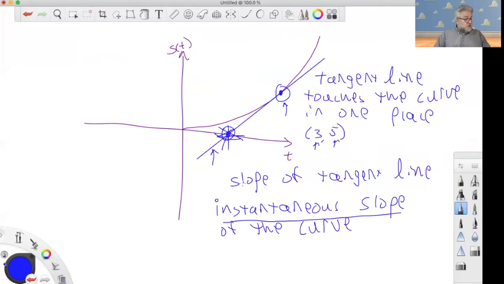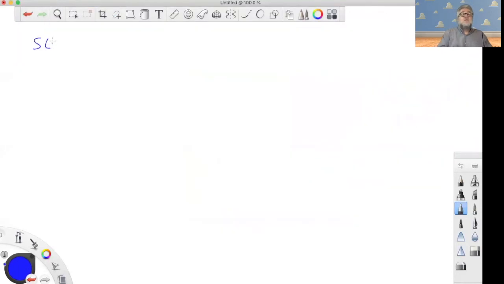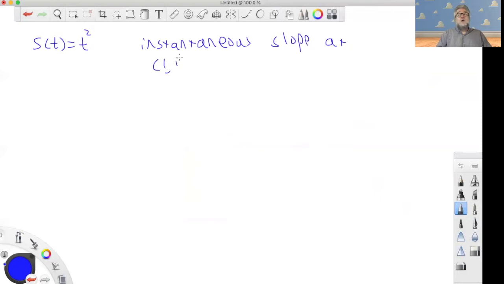And so if we have, and we'll do this one again, s of t is equal to t squared, and we want to know the instantaneous slope at the point 1, 1. Okay? So I'm going to take the limit. First of all, this is x and this is y, right?